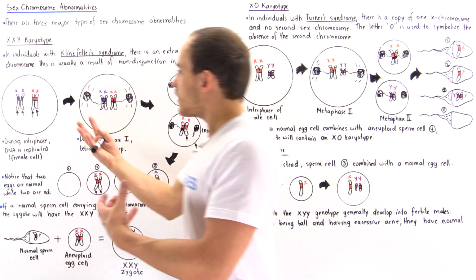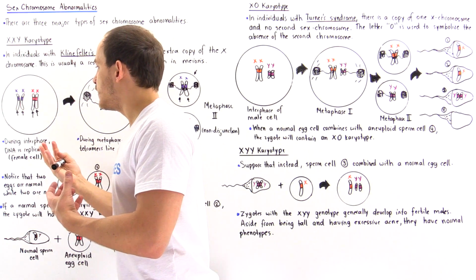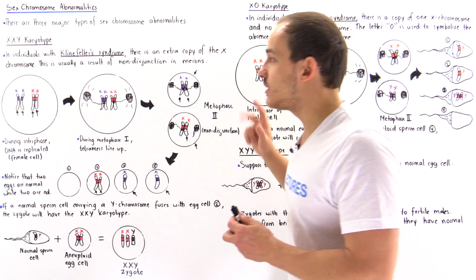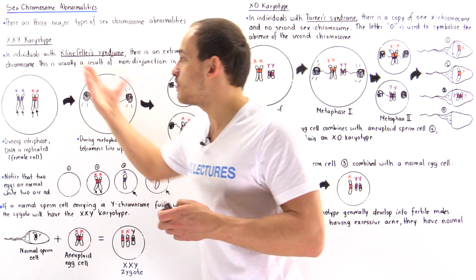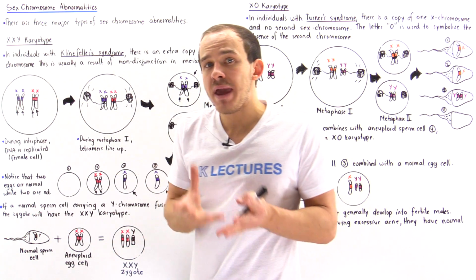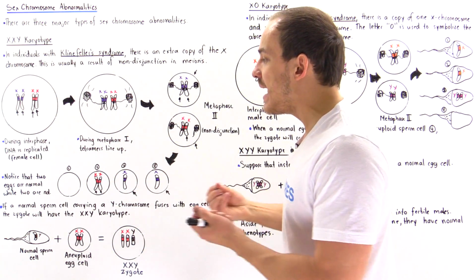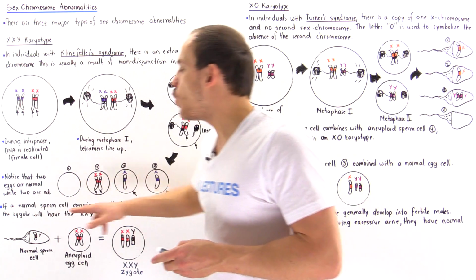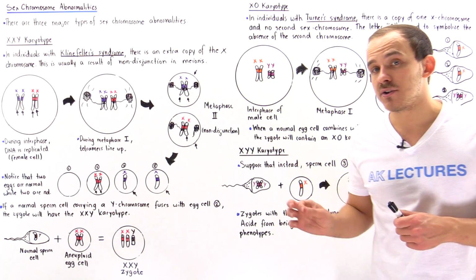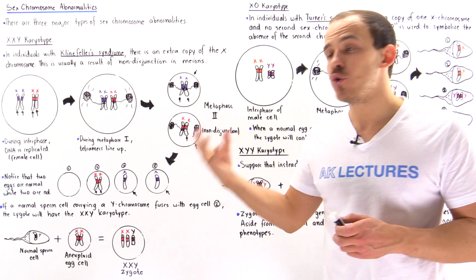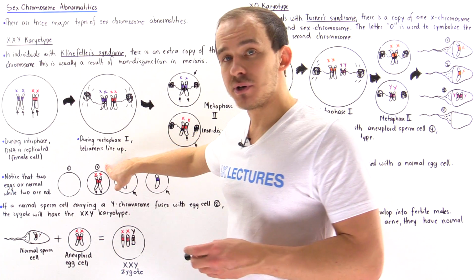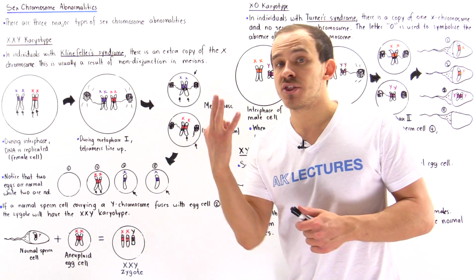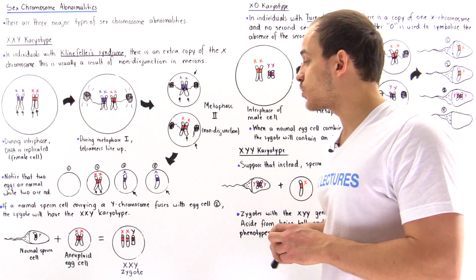So let's suppose the normal female individual produced these abnormal gametes as a result of non-disjunction. And now let's suppose this individual mates with a normal male individual that has normal sperm cells. So if a normal sperm cell that is carrying a Y chromosome fuses with cell number 2, we're going to form a zygote that contains 3 instead of 2 sex chromosomes.